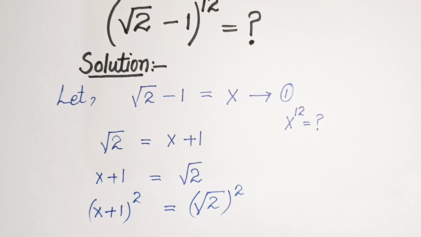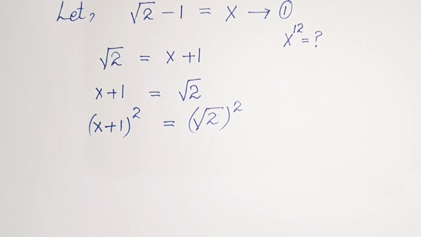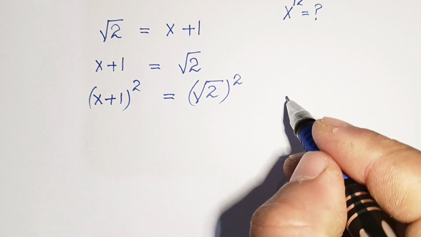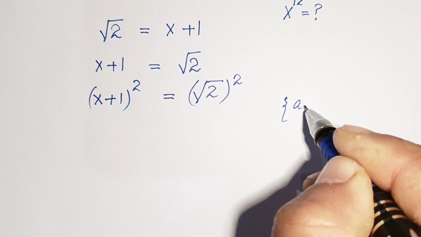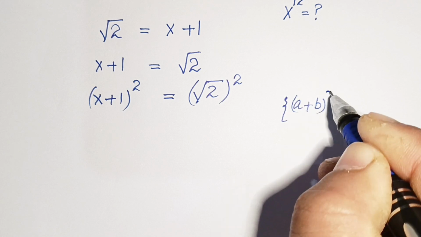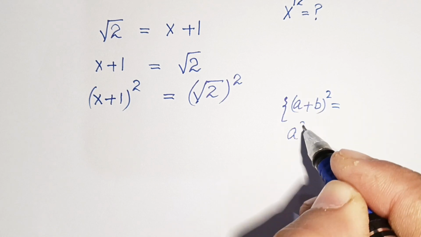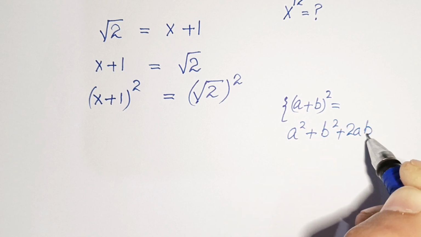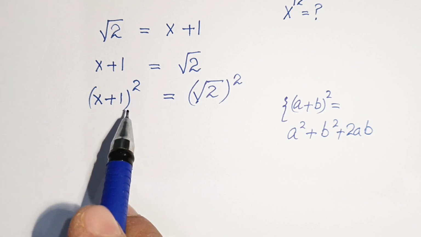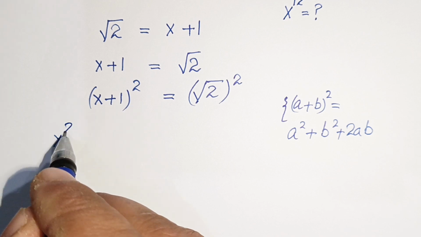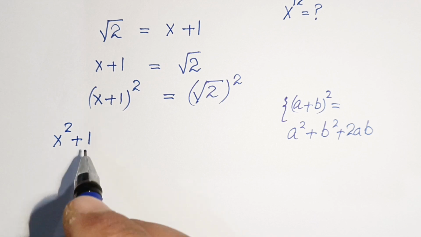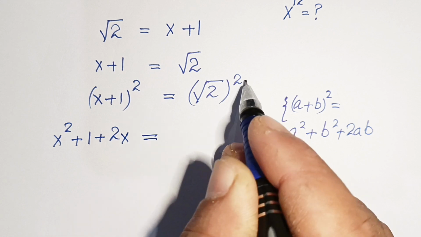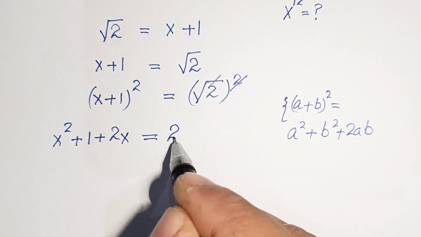Now our next step is, as we know by the algebraic identity, a plus b whole squared is equal to a squared plus b squared plus 2 times a times b. Then it will be x squared plus 1 squared, that is 1, plus 2 times x, which is equal to, cancelling square with square root, we get 2.